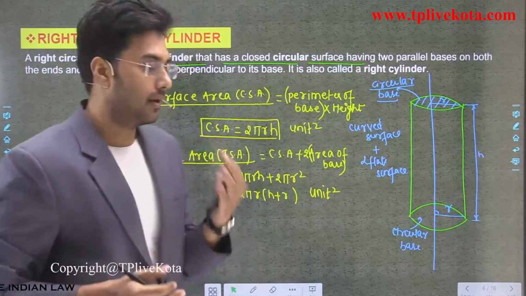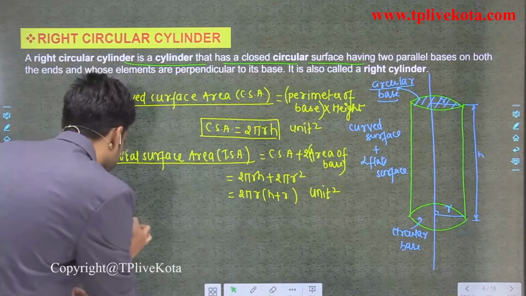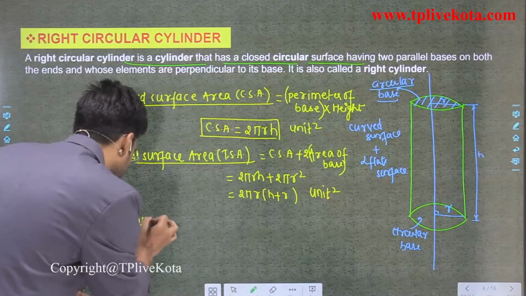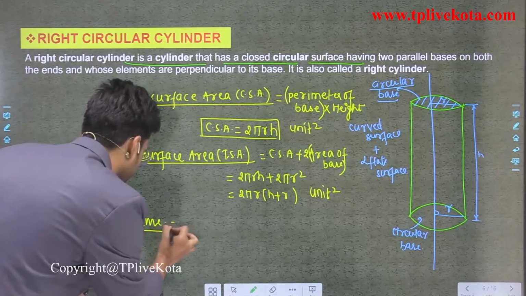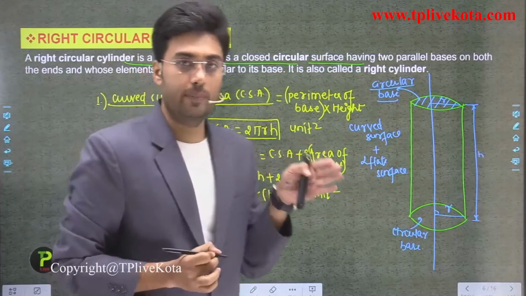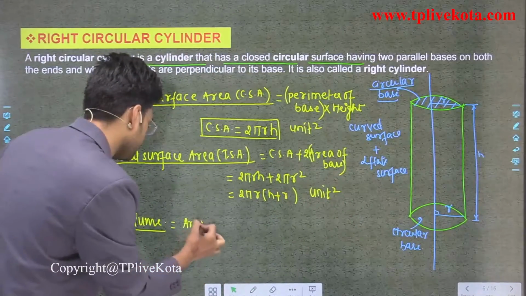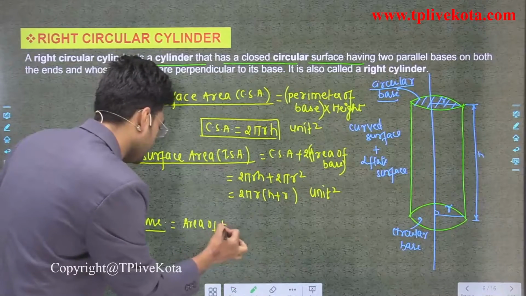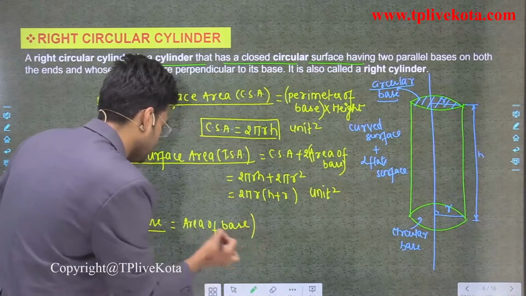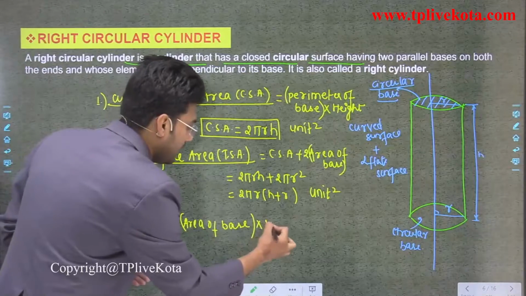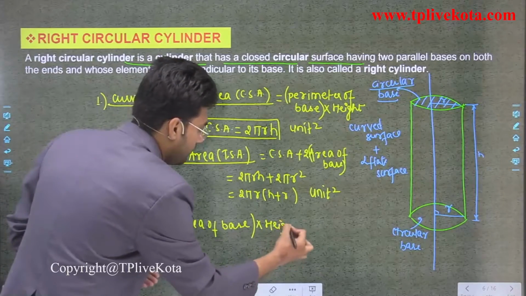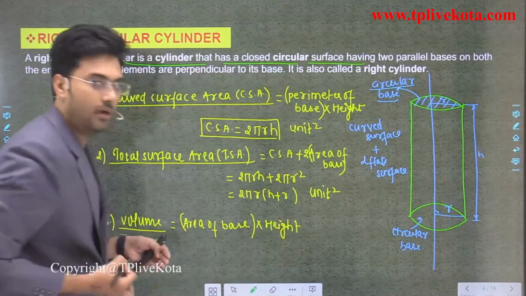So now after this, the third formula is volume of right circular cylinder. Volume is equal to area of base multiplied by height. Area of base multiplied by height.